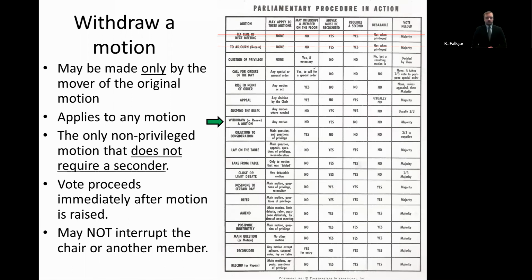However, if a mover has made a motion that is seconded and is open to debate, they have to get the permission of the club to rescind it before being debated on, before being voted on. Withdrawing a motion is only applicable before the vote on the motion takes place.